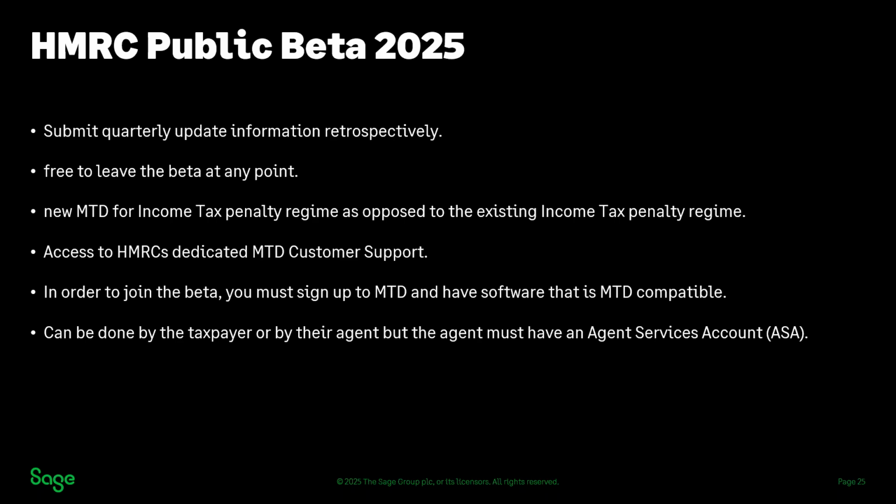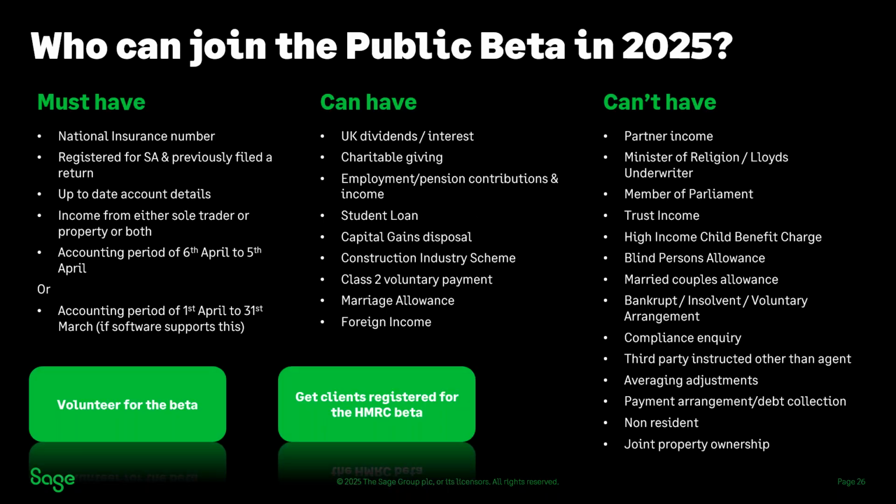So what I'm going to do now is show you some of the criteria. I'm not going to spend the rest of the session going through the criteria, so I will leave you to do that in your own time. Again, make sure that you download the handout so you have access to this.